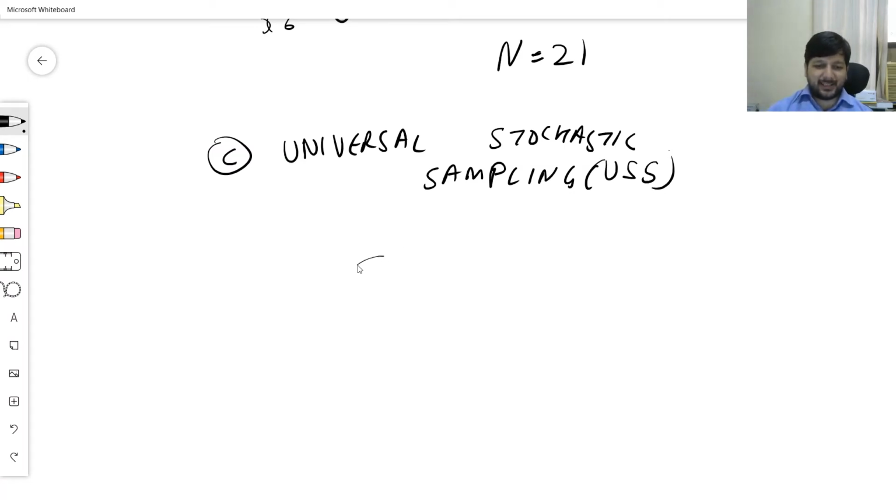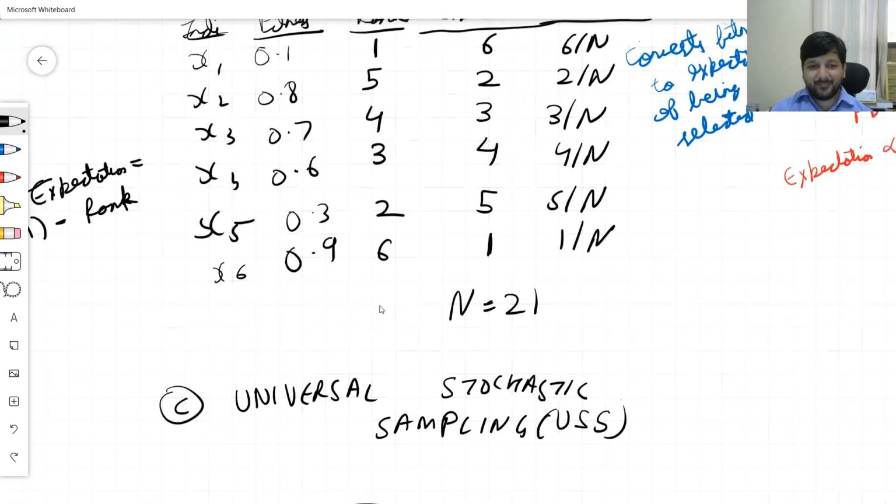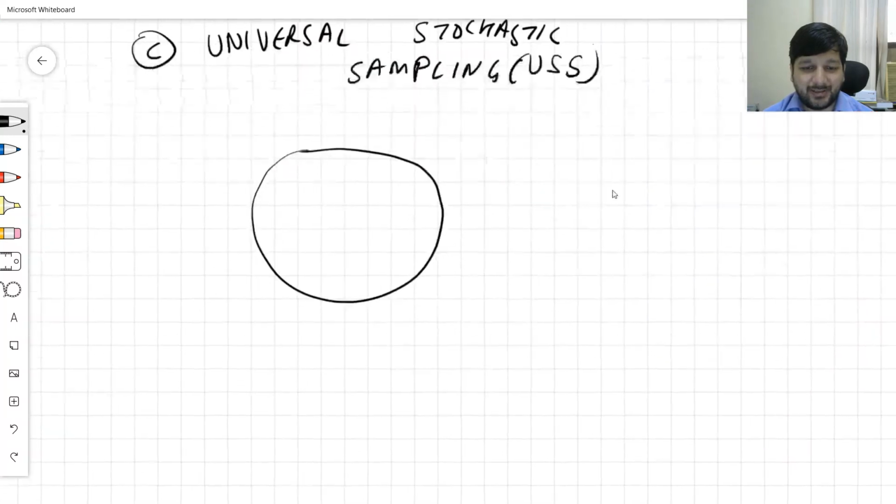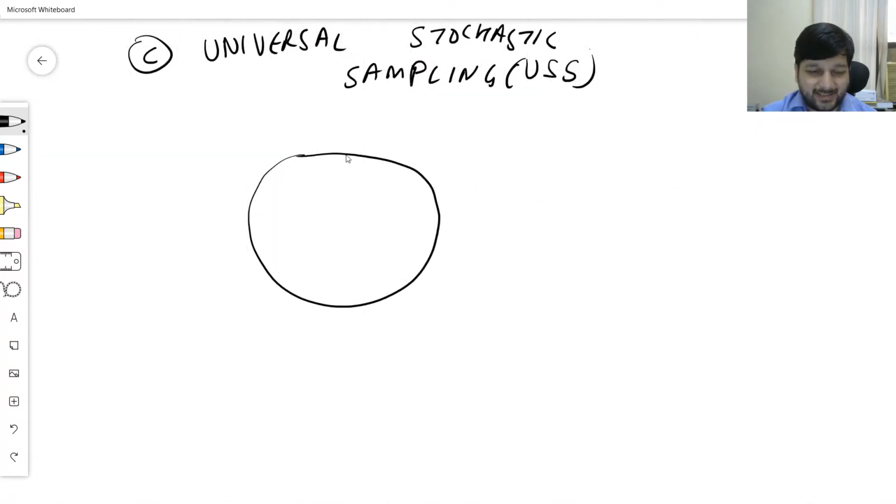So again, let's take a roulette wheel, and this time let's take these individuals. So 6 by n, 2 by n, 3 by n, 4 by n, 5 by n, 1 by n. So let's take these and see how they actually come out in the wheel. So let's say this is 6 by n.